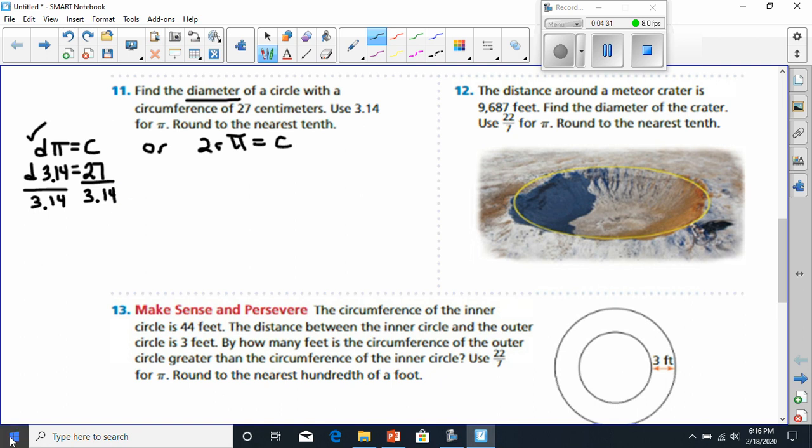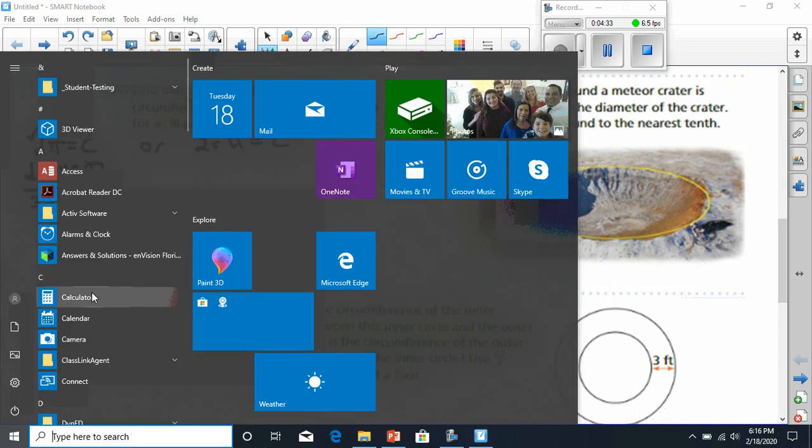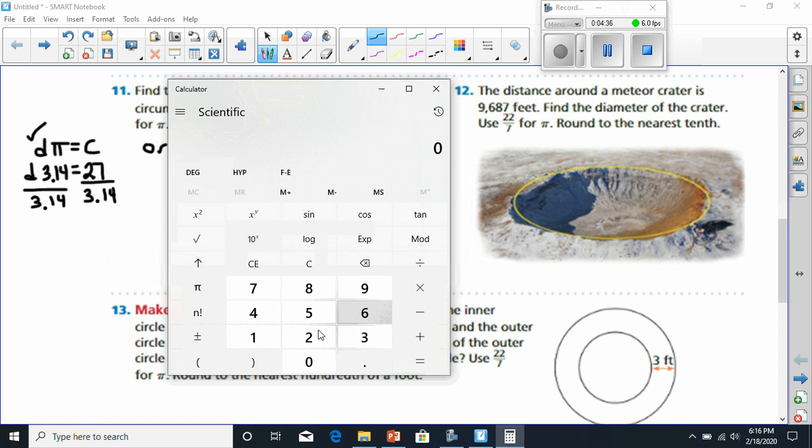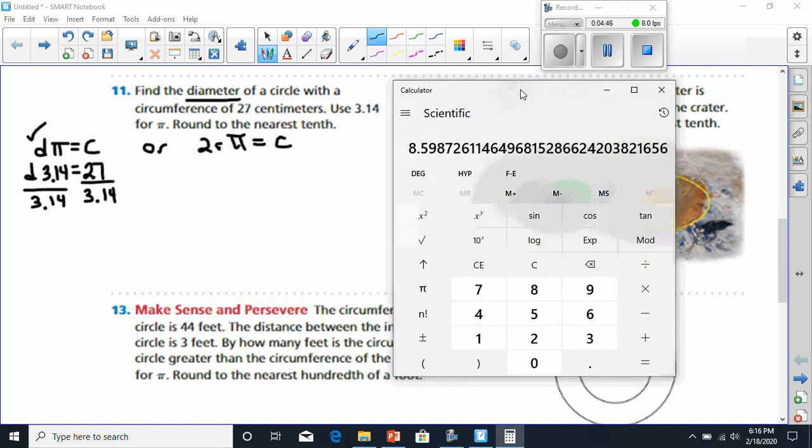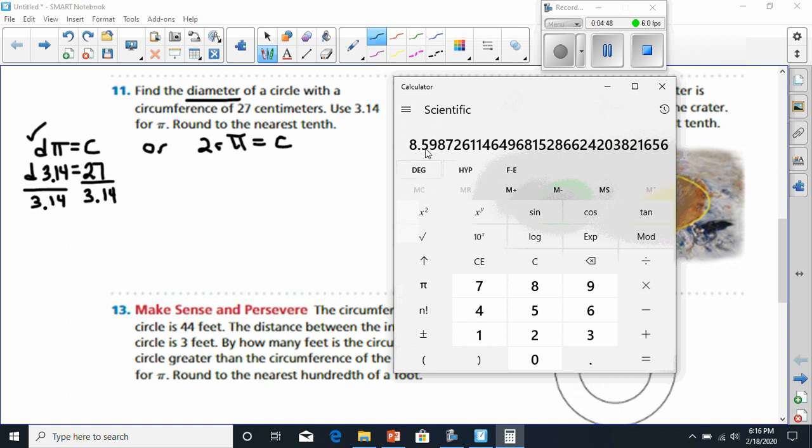I'm going to get my calculator out. I see that 27 divided by 3.14 gives me 8.59. It says round to the nearest tenth, and the nearest tenth is the first number after the decimal.